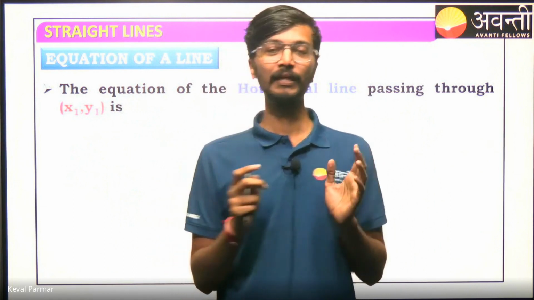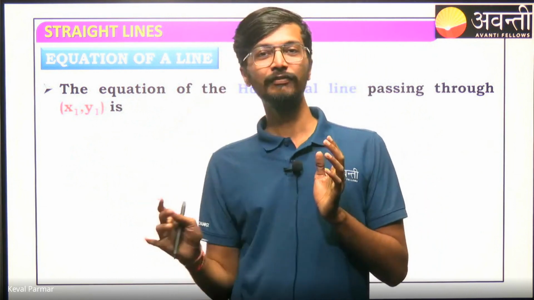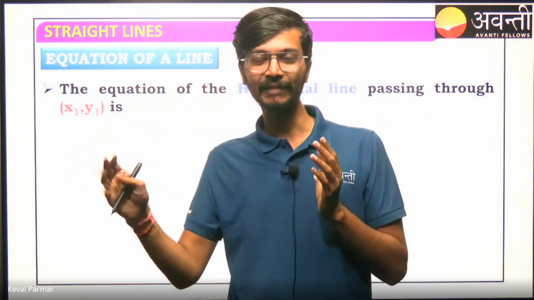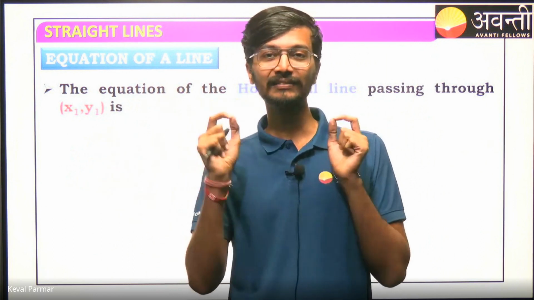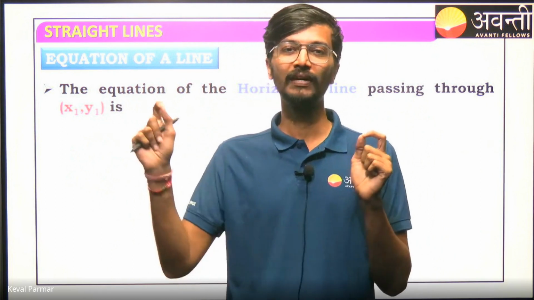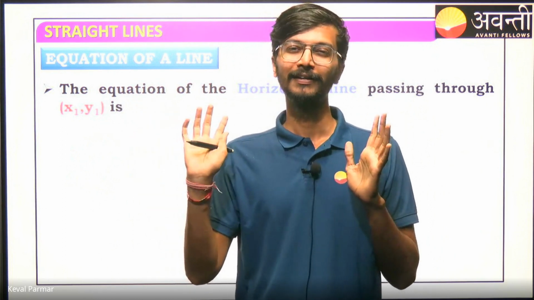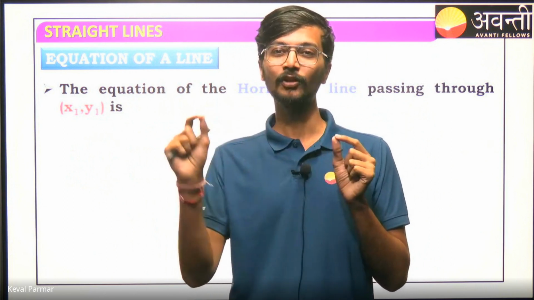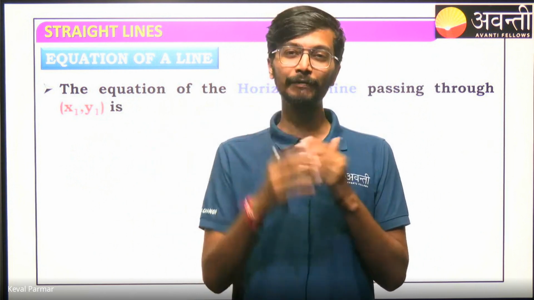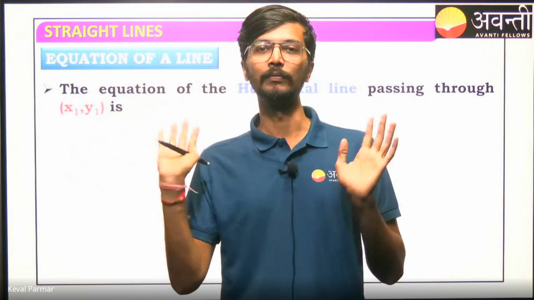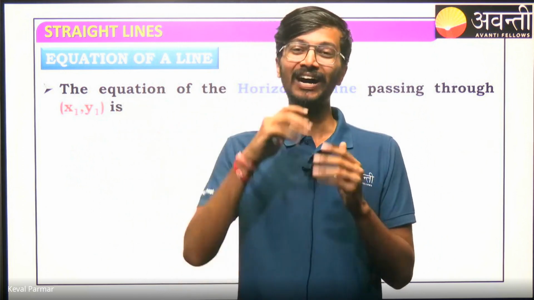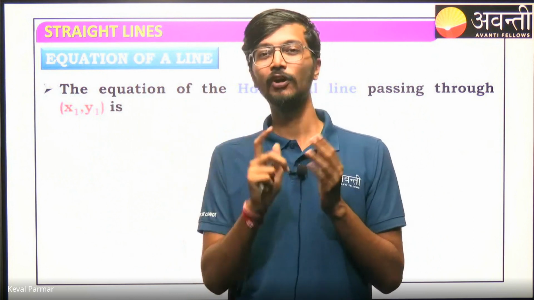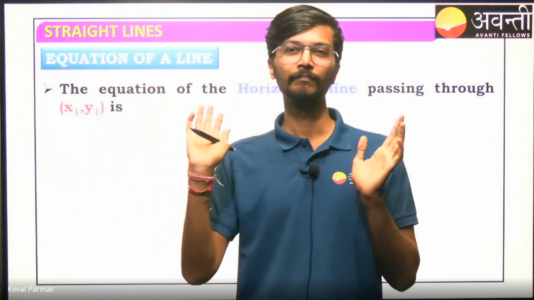Now, again, let me tell you, slope point form is a basic form which I prefer to use every time the question asks me to find the equation of a line, because all the other forms that we will see are derived from slope point form.